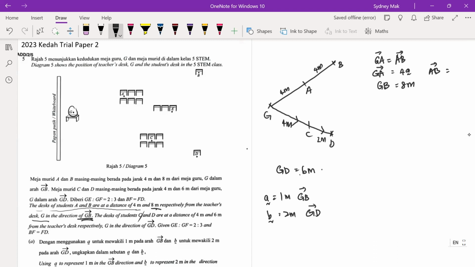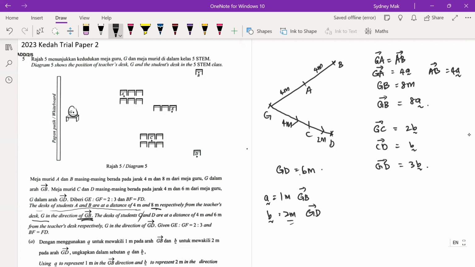AB is also 4A because every 1 meter is represented by the vector A. Therefore, the vector GB is 8A altogether. And along the GD, every 2 meter is 1B. So GC, you got twice of 2 meter, so 2B. And CD is just 1B. So GD, all in all, will be 3B.